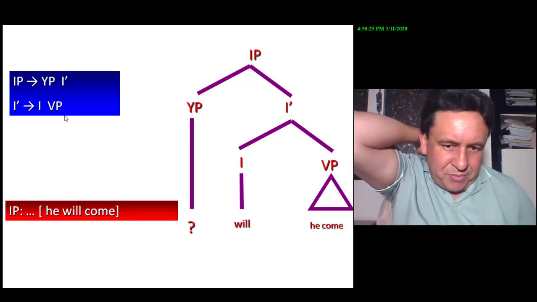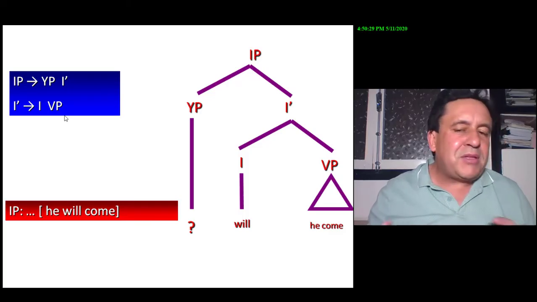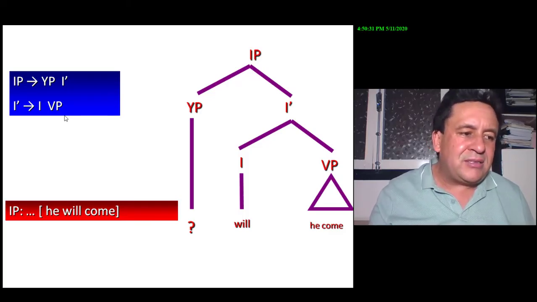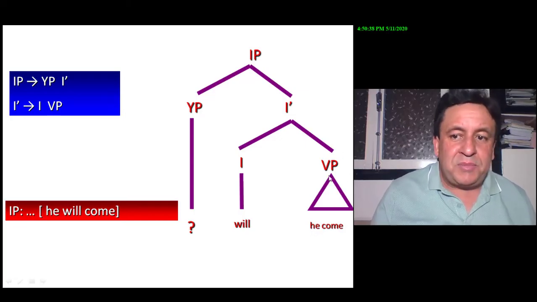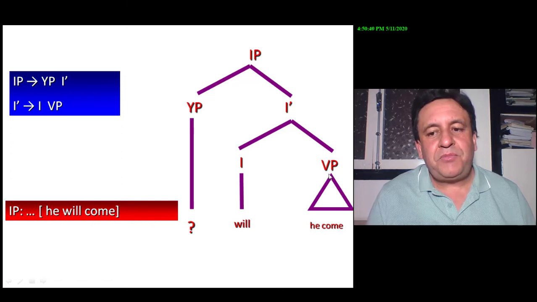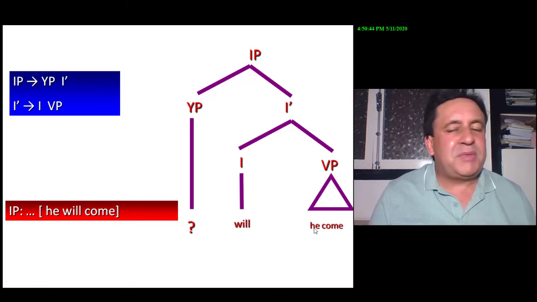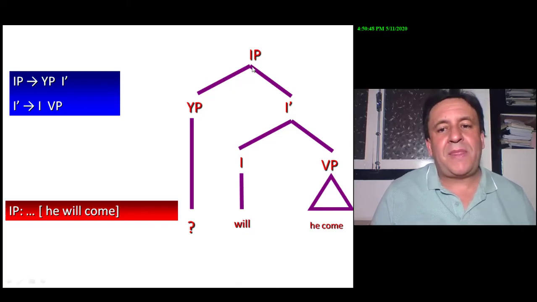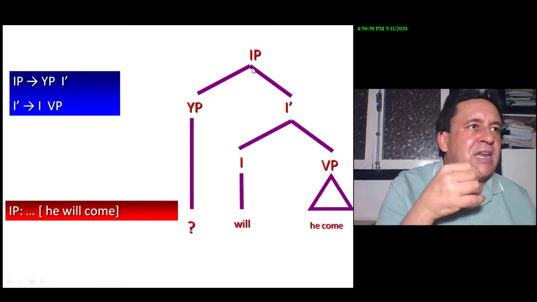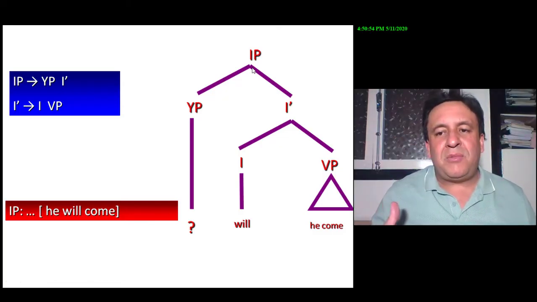What is the specifier of IP? Again, this is a point that I will come back to later on, but let me just hint at the final analysis. In our final analysis, we will prove that "he" is the specifier of VP, and then it must move from the specifier of VP position to the specifier of IP position. Unfortunately, at this level of your understanding, I will not be able to talk about this.